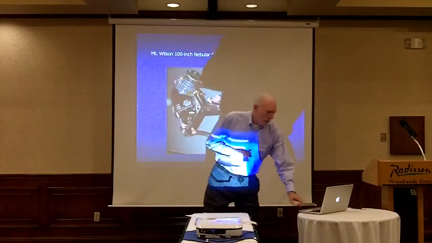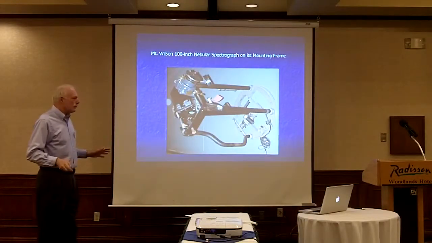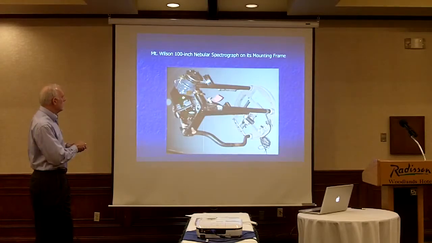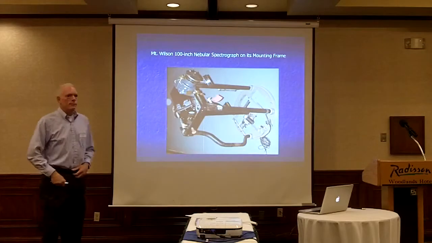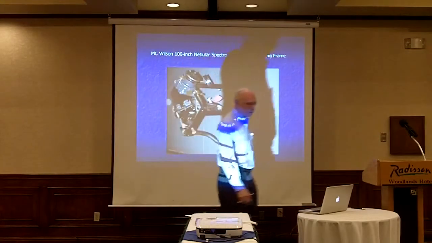And then this last shot here shows how the spectrograph at Mount Wilson was mounted on the telescope. The light from the telescope comes through here, goes through the collimator, and then that trombone-looking item I showed you just a minute ago is right here, and the light comes up and up to the plate. So that's the end of the presentation.